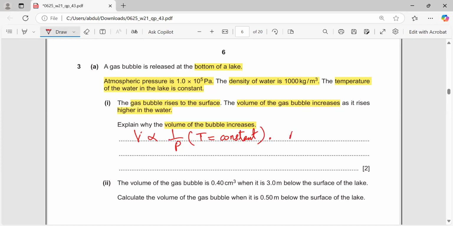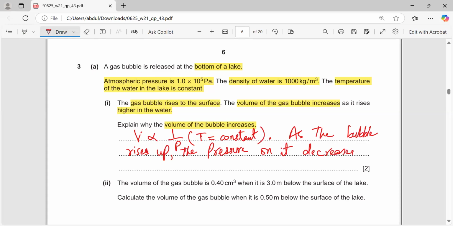Now, as the bubble rises up, the pressure on it decreases. Which pressure?